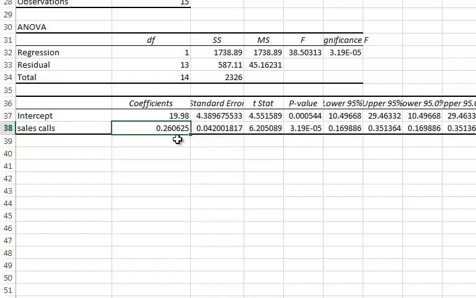The equation is y hat. Y hat is the estimated value of y, y with a little hat on top. Y hat is equal to 1998 plus 0.26 times x. So that is our equation.